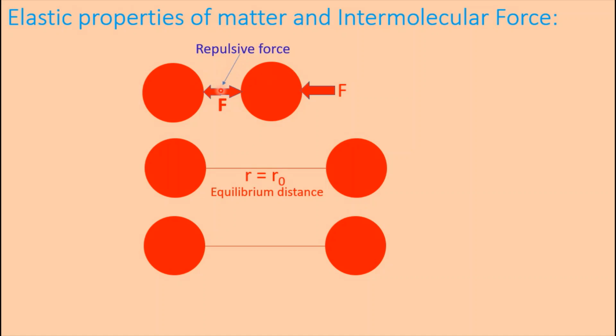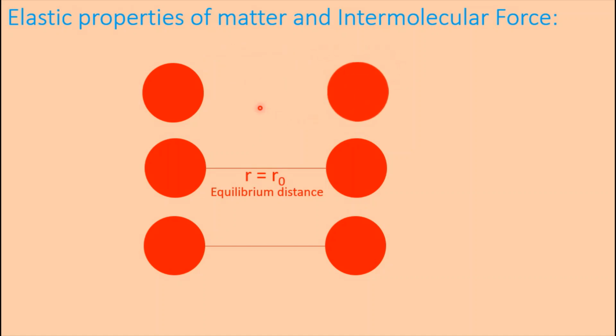This is the repulsive force and this is the applied force F. Now if we remove this applied force, due to this repulsive force the molecules will regain their original position.